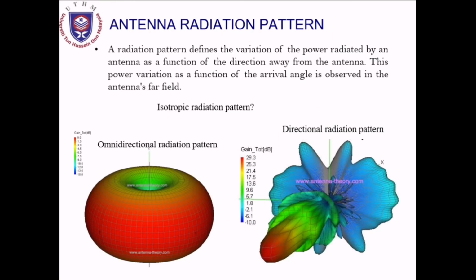So let's look into one of the characteristics of an antenna, which is the radiation pattern. A radiation pattern defines the variation of power radiated by an antenna as a function of the direction away from the antenna. So this power variation as a function of arrival angle is observed in the antenna far field. Basically we can categorize antennas into three types of radiation pattern.